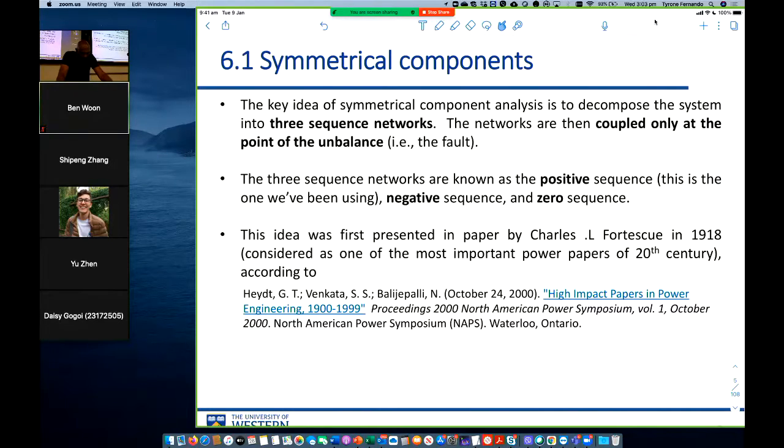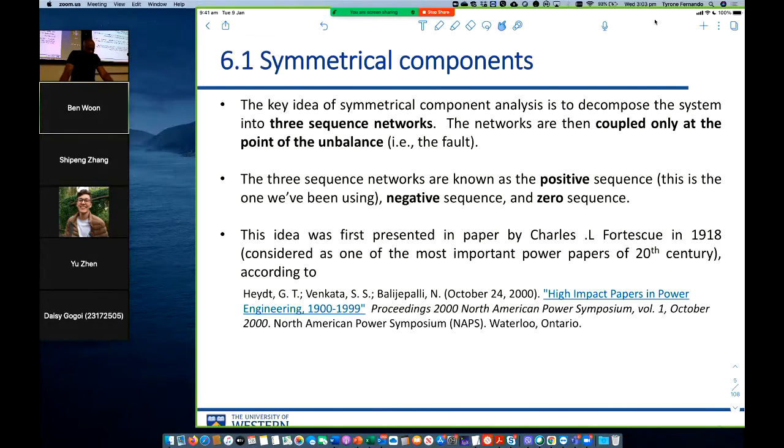So the key idea of symmetrical component analysis is to decompose the system into 3 sequence networks. The networks are then coupled only at the point of the unbalance or the fault, because that's where the unbalanced situation occurs. So at that point, the 3 separate networks will join together. Otherwise, they are decoupled.